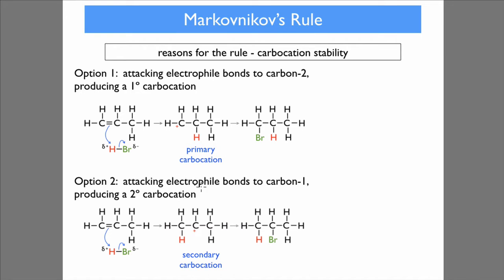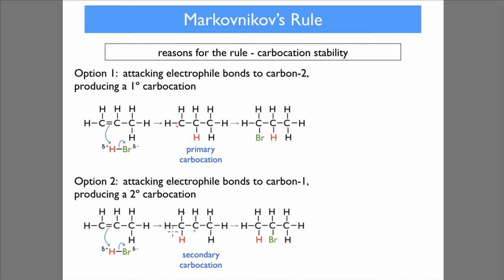Option 2, attacking electrophile bonds to carbon 1, producing a secondary carbocation. Again, we have the pi bond attracted to the positive dipole on the hydrogen because the bromine has a negative dipole because it's more electronegative. This time we have the hydrogen bonding to the carbon 1, and we've got a secondary carbocation.